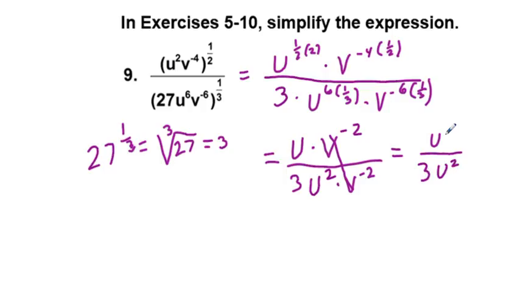And we're going to have u to the 1 power minus u to the 2 power. I mean, the exponents we subtract, that's going to be quotient of powers. So we're going to have u to the -1 power. So what we have here is 1 over 3u.